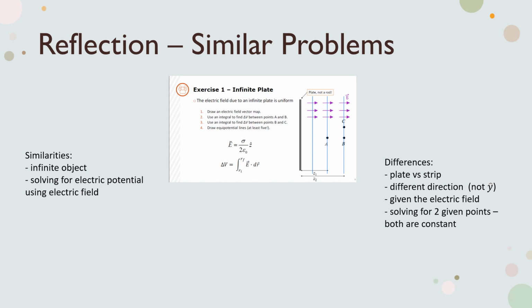So this electric field was given in the z-hat direction versus ours is in the y-hat direction. And then we're given the electric field to start for this exercise versus ours, we obviously had to solve for electric field. And then this one is solving for the electric potential between two constant points, A and B, versus ours is any point along the y-axis that we named a, and so that will change.